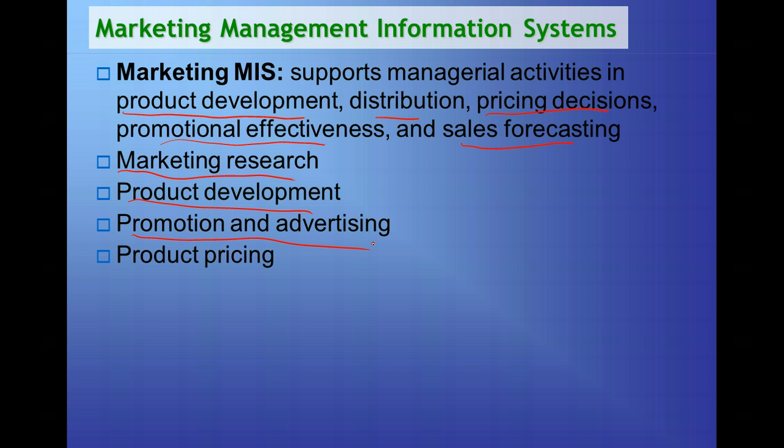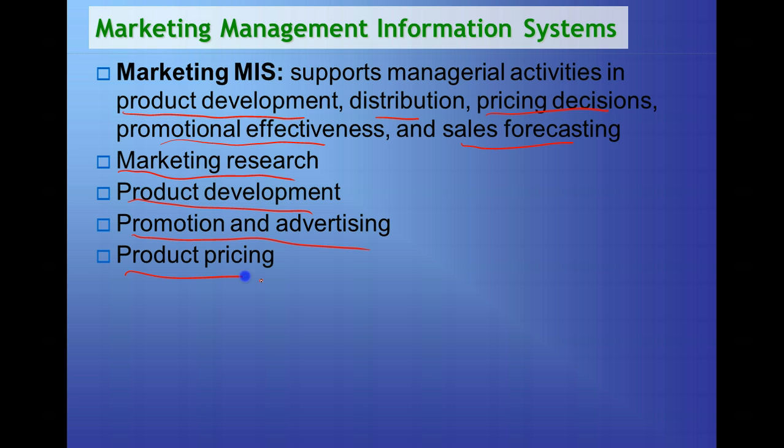Here we have types of advertising and sales promotion done, and the majority is done via the internet to advertise and sell products and services. So the marketing MIS helps us to analyze all this promotion and advertising.